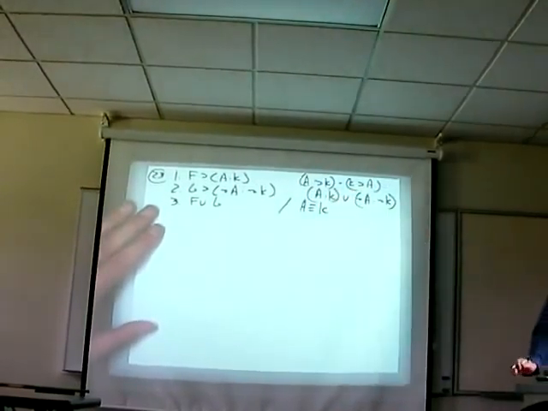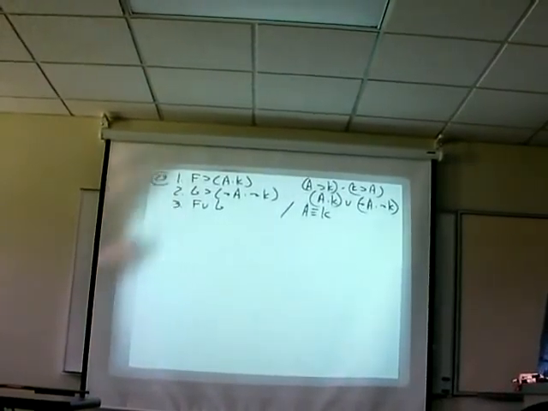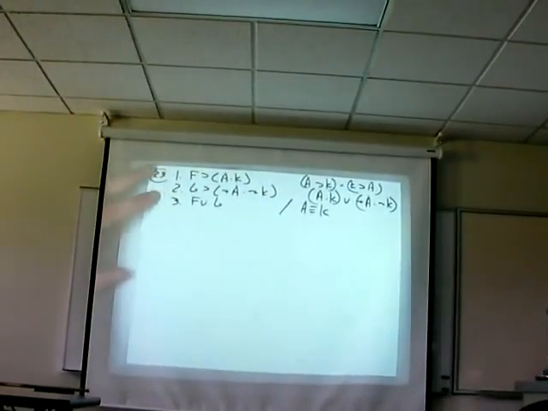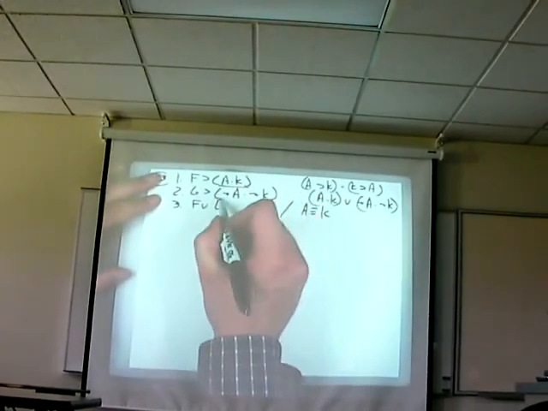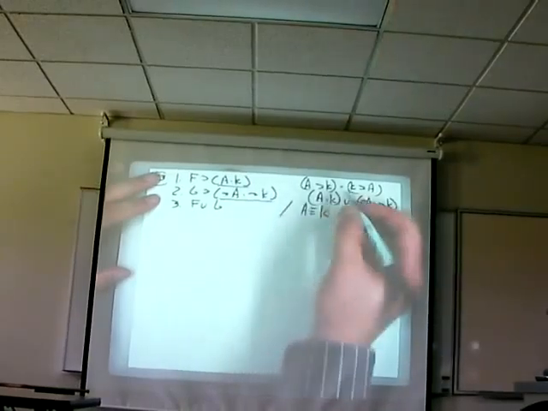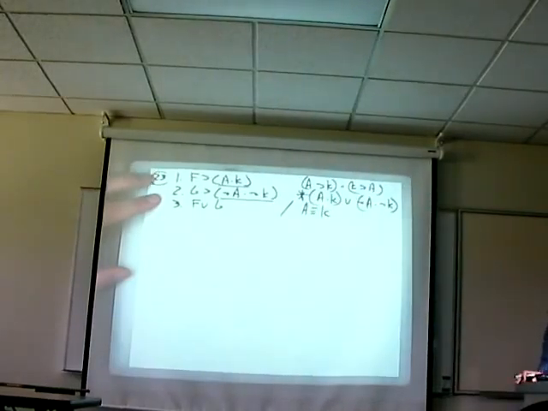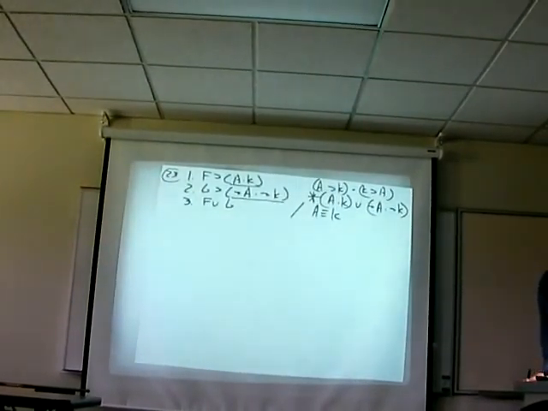I just need to figure out which one I'm going to be able to construct. So let's take a look at what we're given and think about which of these two options is most likely. Right away, we can see that we've got A and K, and we also have not A and not K. So it looks like, given the information that I have at my disposal, I'm going to opt in favor of that second option, A and K, or not A and not K.